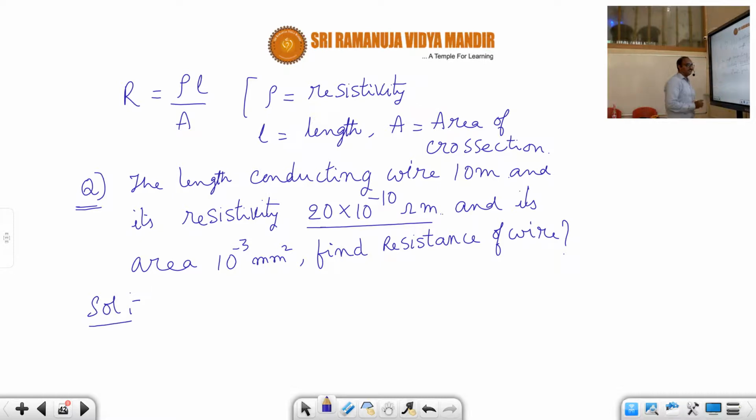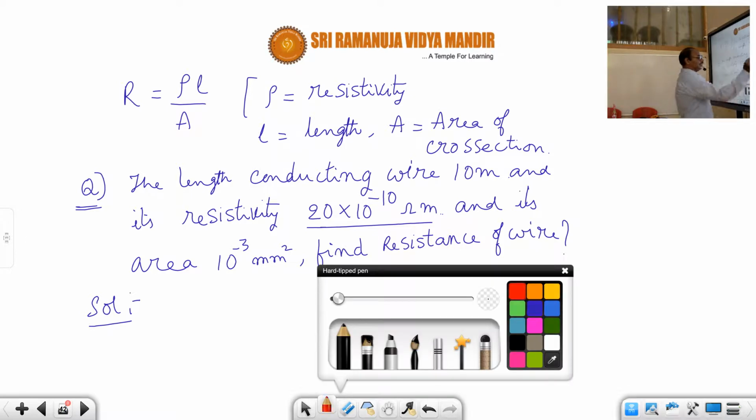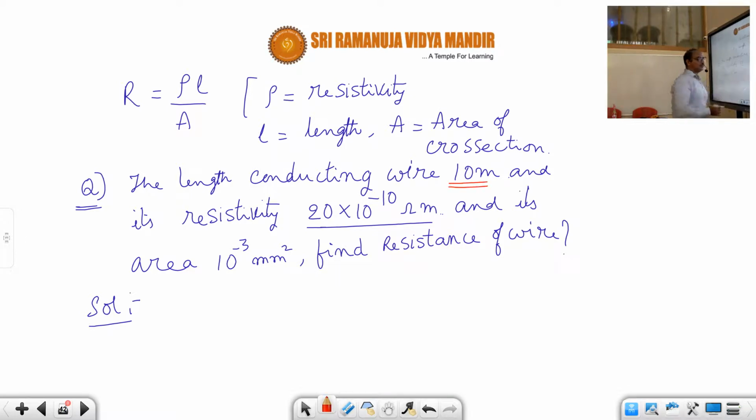While doing the problem, first of all, write down the given data. The length of the conducting wire is given: length equals 10 meters.